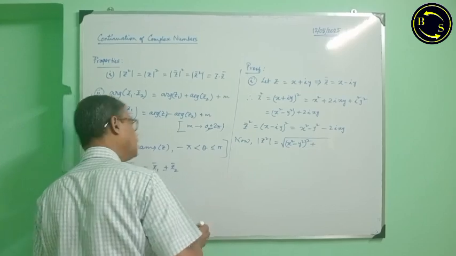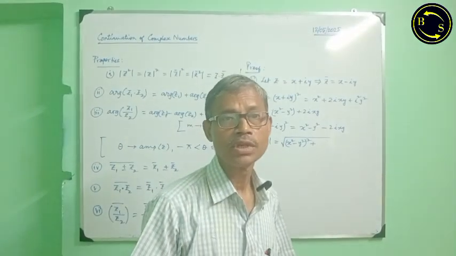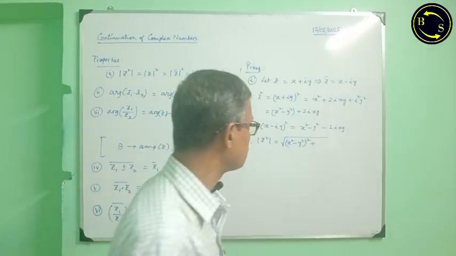If a plus ib be a complex number, then its modulus is under square root symbol a square plus b square.